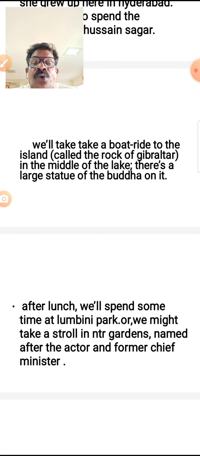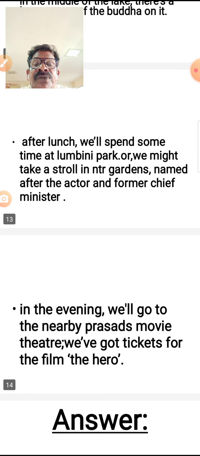After lunch, we'll spend some time at Lumbini Park, or we might take a stroll in NTR Gardens, named after the actor and former chief minister. In the evening, we'll go to the nearby Prasad's movie theatre. We have got tickets for the film The Hero. So this is the passage which is given to you in lesson number 1.